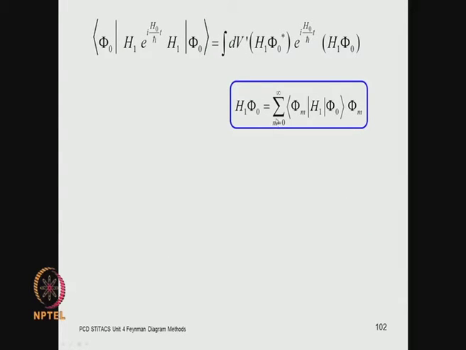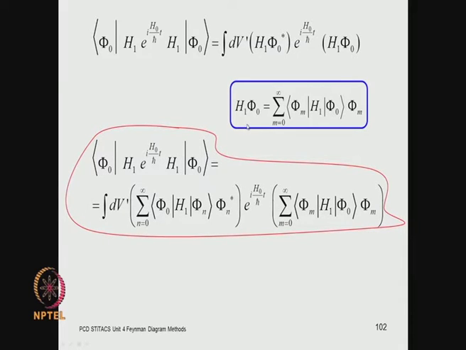So, this is an infinite expansion. So, this infinite expansion from m equal to 0 to infinity comes here. You have got H1 phi 0 over here and H1 phi 0 on the left.